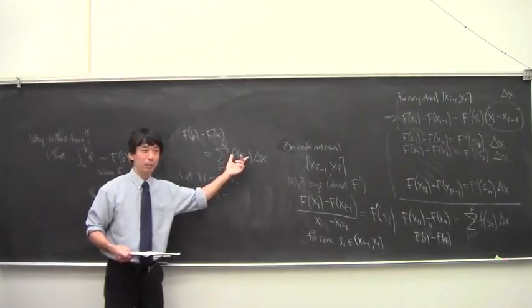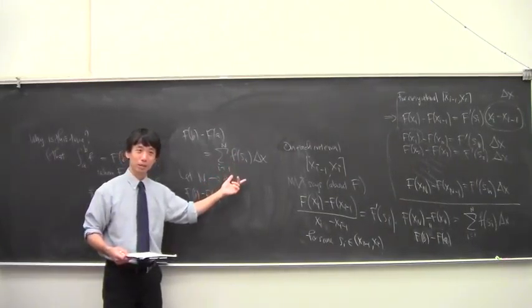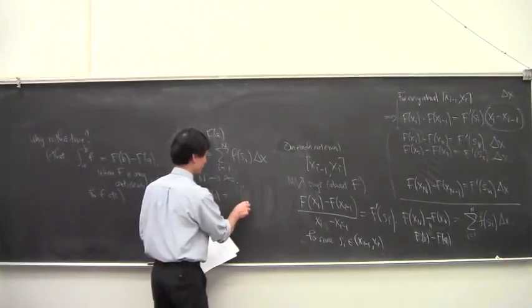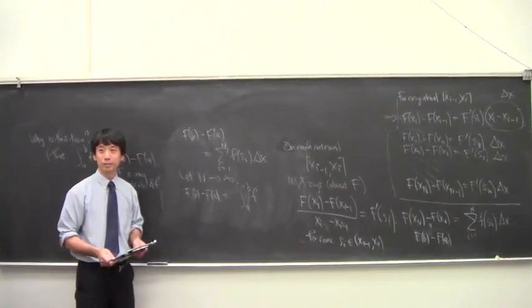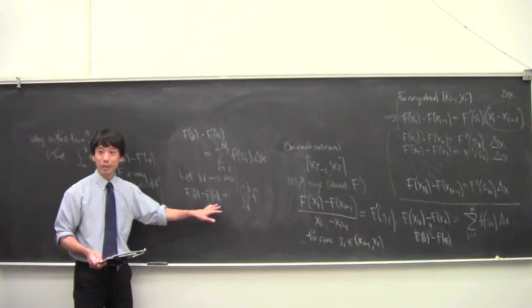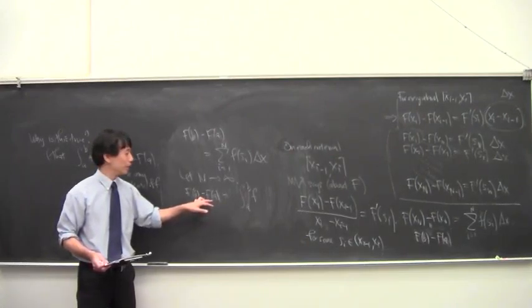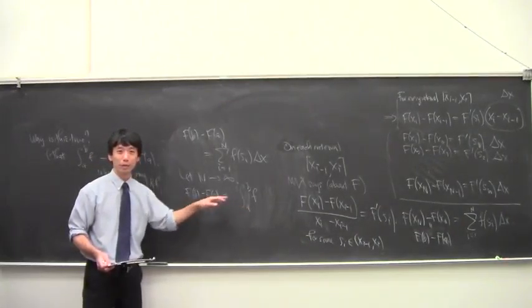If you take the limit of Riemann sums for your function, you end up with the integral. That's it. The difference at the endpoints of the antiderivative is the definite integral of the function.